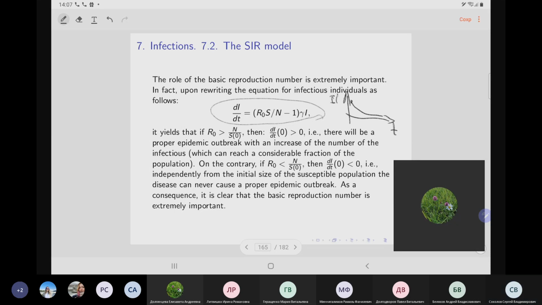It is I. So if R0 is less than N divided by S of 0, this case, and with epidemic outbreak, like this, it is the situation when R0 is greater than N divided by S of 0. So the basic reproduction number is extremely important.